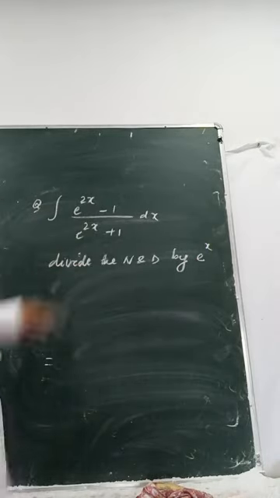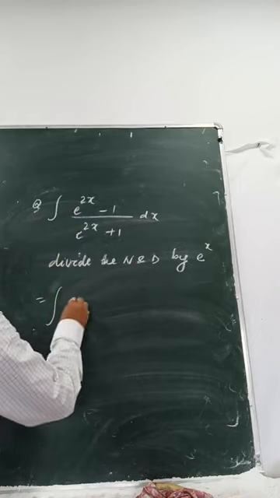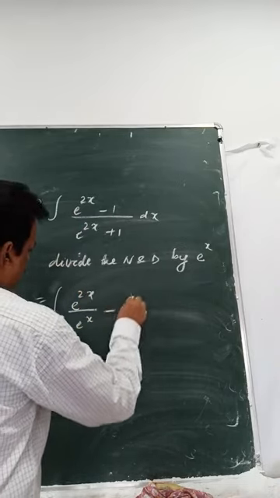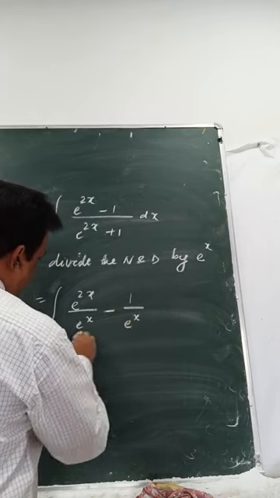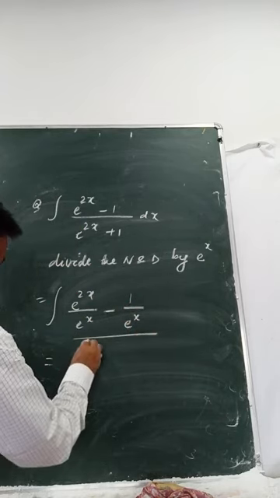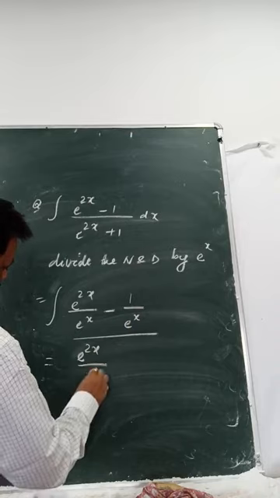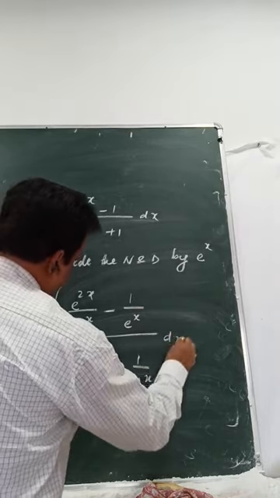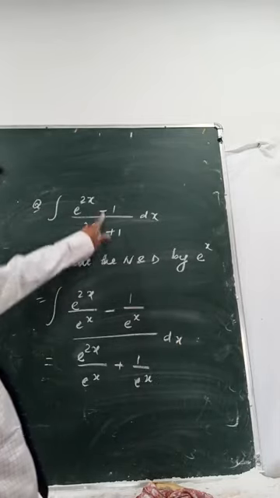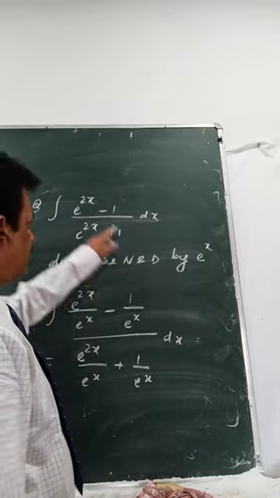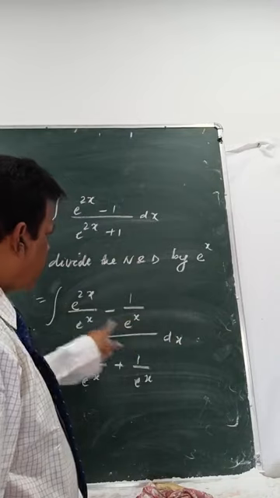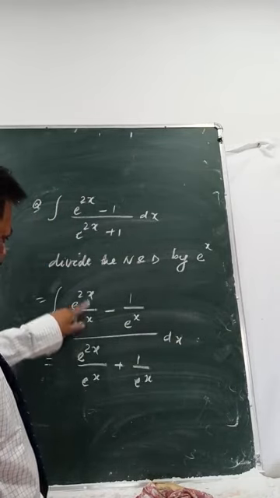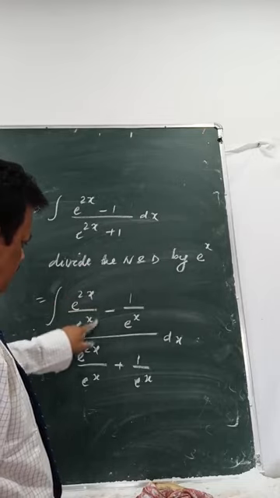So this will be e to the power 2x by e to the power x, minus 1 by e to the power x, over e to the power 2x by e to the power x, plus 1 by e to the power x, dx. So that is the clue for this particular question. Dividing, because everywhere you have to get e to the power x, only then is it possible. So this became e to the power 2x subtracted by e to the power x.